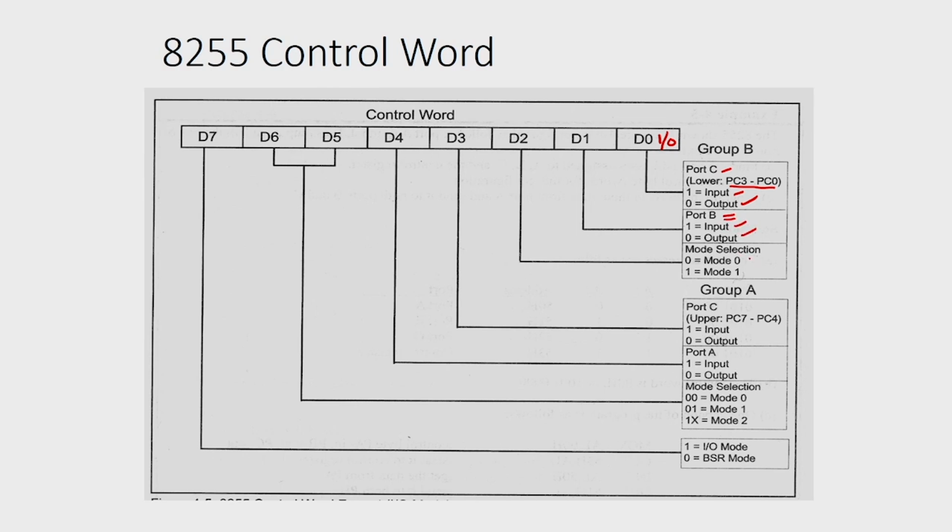The next bit is the mode selection of port B. Port B can operate in only two modes, either mode 0 or mode 1.